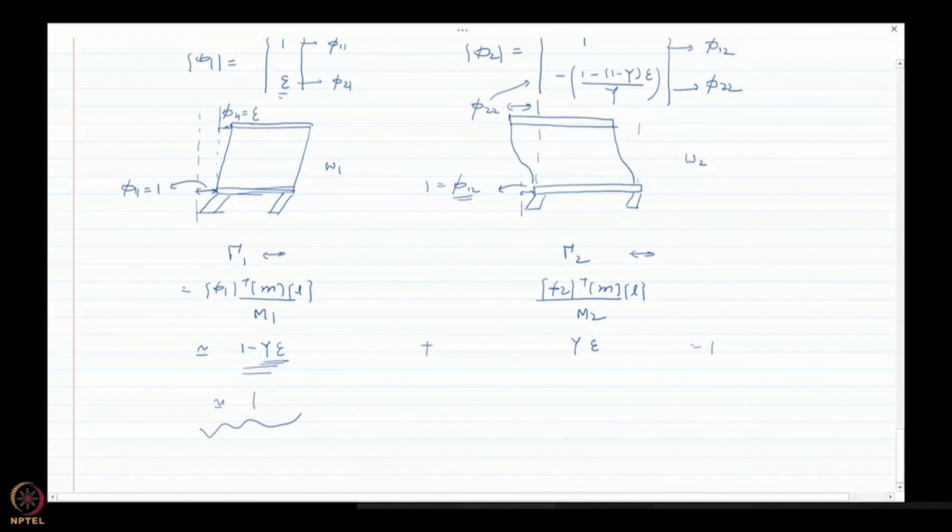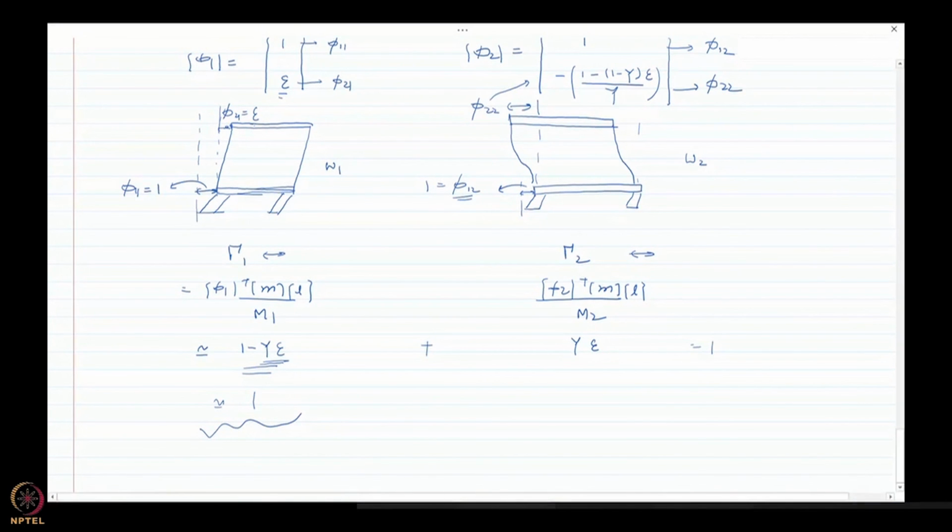What we have derived here is basically the frequency of each mode, which we see is coming out to be close to omega 1 and omega 2, and the participation of each mode. So omega 1 was close to the base isolated mode. Omega 2 was not close, but the superstructure frequency.